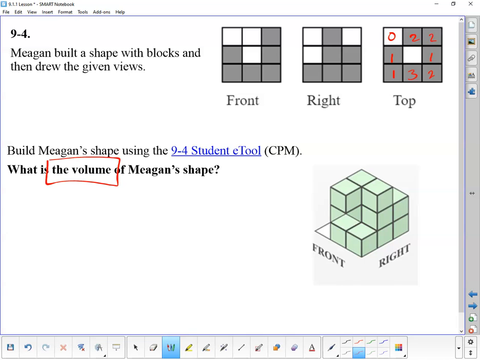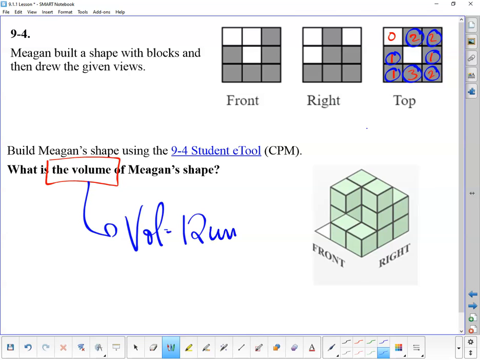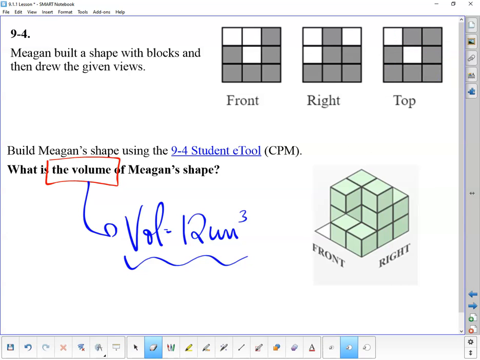Now we've got 1, 2, 3, 4, 5, 6, 7, 8, 9, 10, 11, 12. So the volume of Megan's shape is equal to 12 units cubed, because it has 12 cubes that literally make up the shape. Yeah, literally.